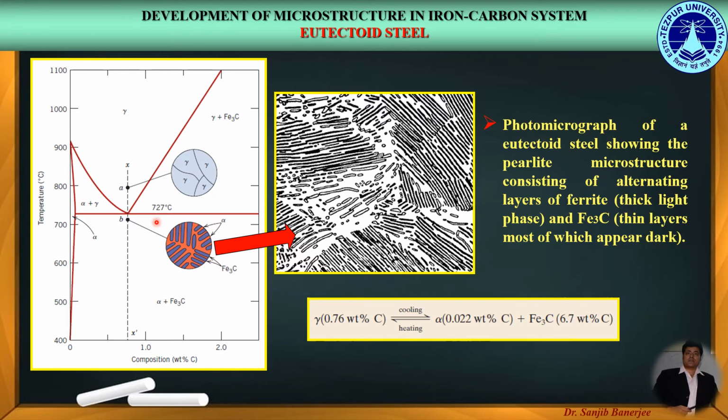Upon crossing this temperature to point B as shown in this figure, the austenite transforms according to this equation, which represents the eutectoid reaction: the austenite phase with composition 0.76 weight percent of carbon on cooling gets transformed into the ferrite or alpha phase having composition of 0.022 weight percent of carbon, and Fe3C or cementite phase having composition of 6.7 weight percent of carbon.